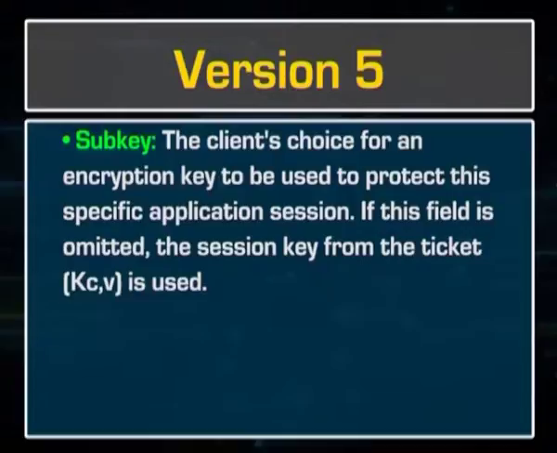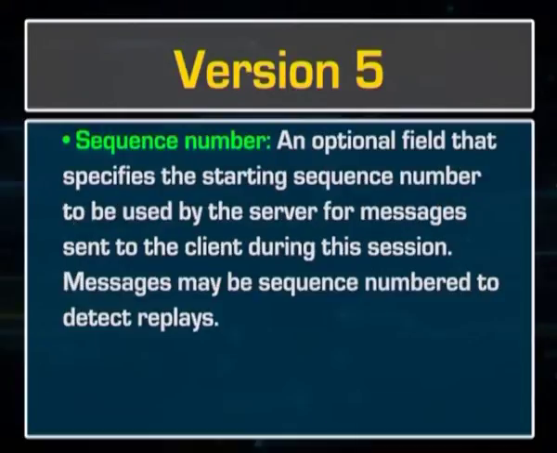If this field is omitted, the session key from the ticket, Kc,v, is used. Then is sequence number, an optional field that specifies the starting sequence number to be used by the server for messages sent to the client during this session. Messages may be sequence numbered to detect replays.